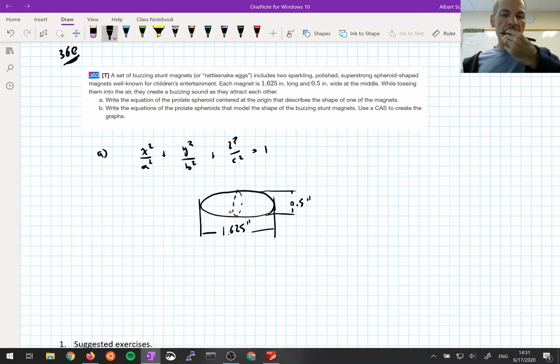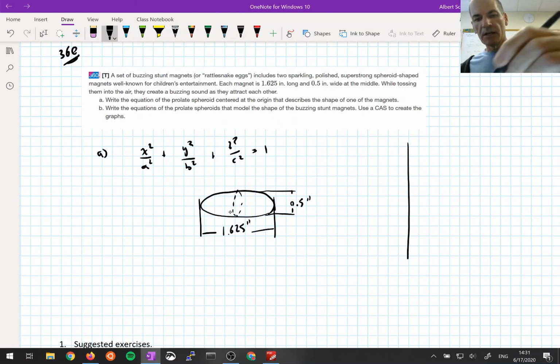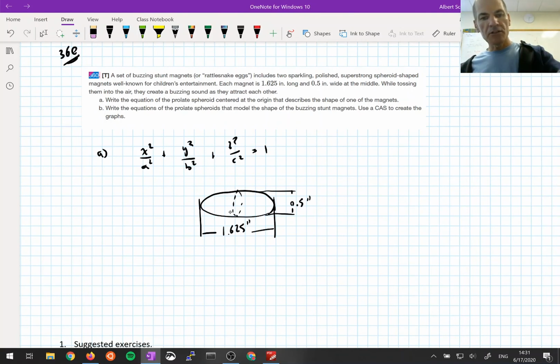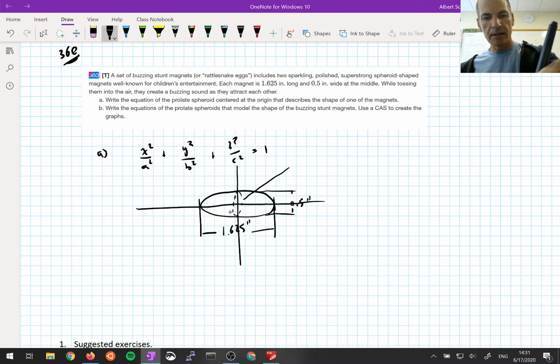So how do we get this oriented so that we can describe it in a graph? Let's just drop a set of axes right here. Let's put the origin here. Let's drop a set of axes in here and here and here, just like that. So this is x, y, and z.